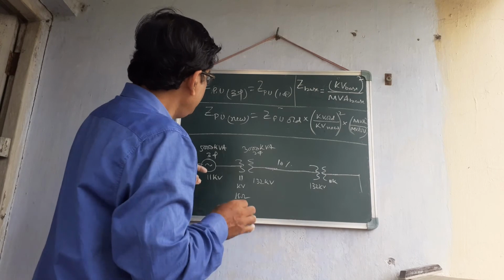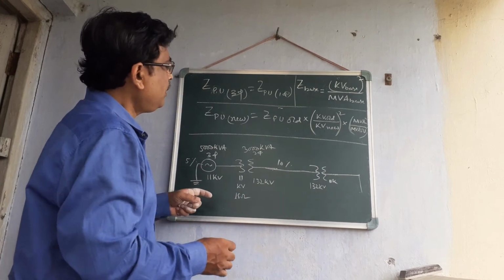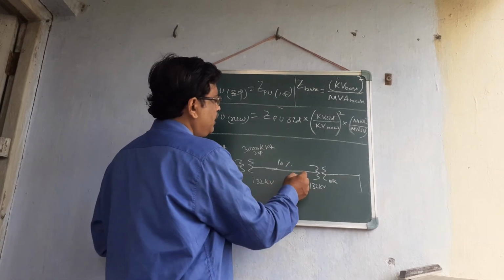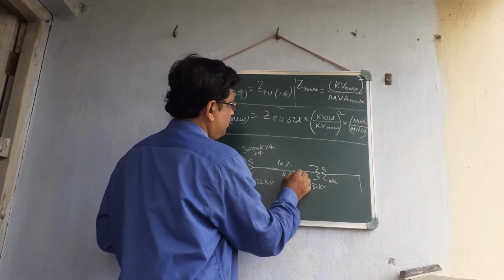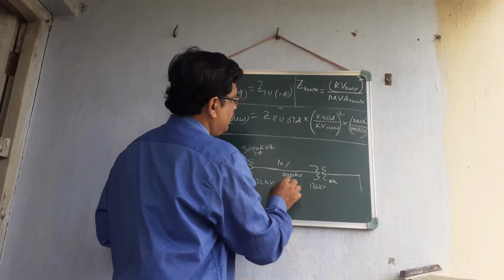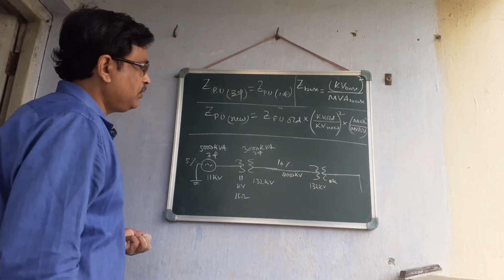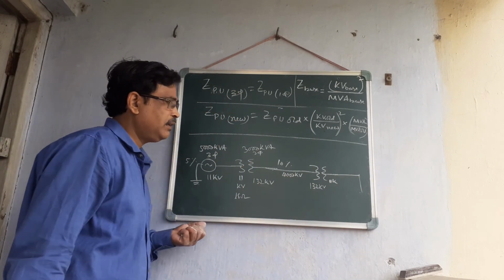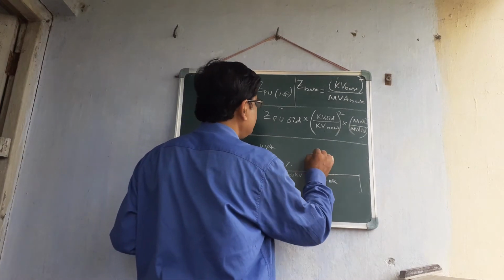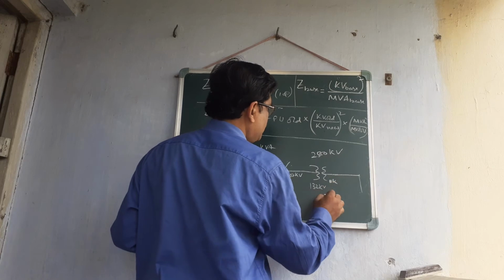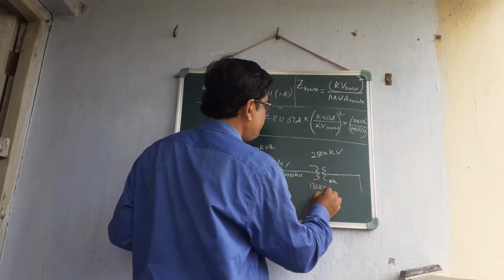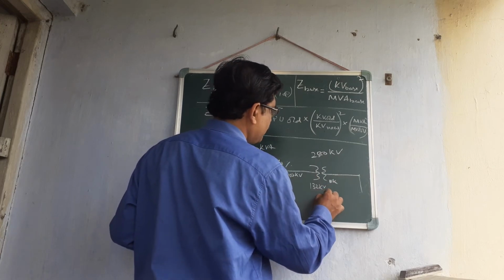Now one important thing, here the transmission line kVA, assume it is once again 4000 kVA maximum power. It can be chosen like that. Here the transformer, assume it is only 2500 kVA, and its percentage reactance is 10%.